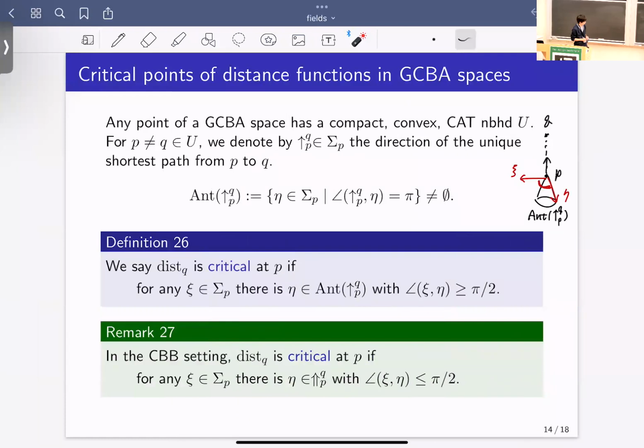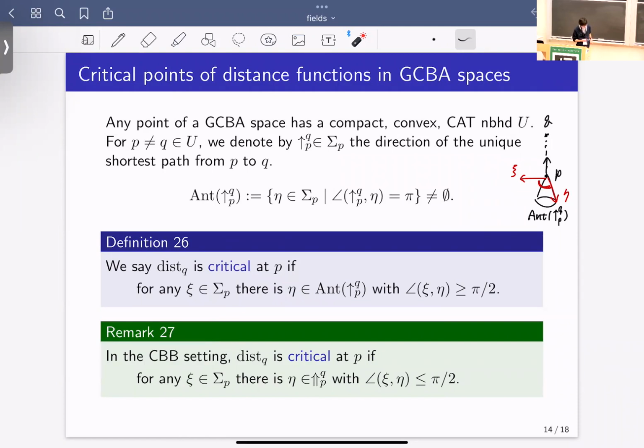To define an extremal subset, we first introduce the notion of a critical point of a distance function in GCBA geometry, which is dual to the critical point of Grove, Shiohama, and Perelman in CBB geometry.